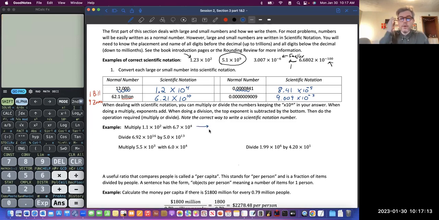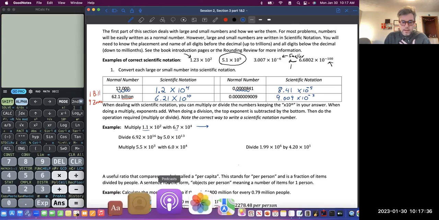So for multiplying 1.1 times 10 to the second with 6.7 times 10 to the fourth, I'm going to take this up in pieces. The first thing I'm going to do for myself is multiply the numbers in front. Hopefully you can see my calculator.